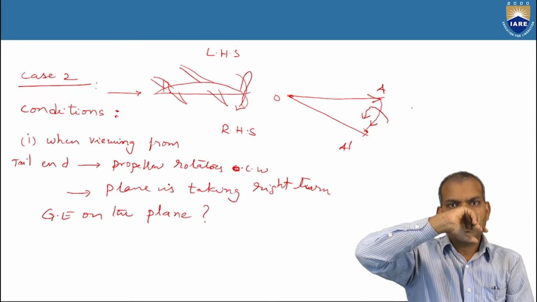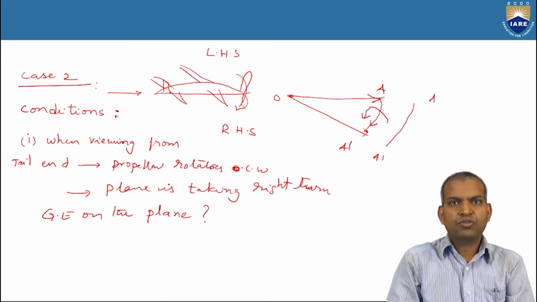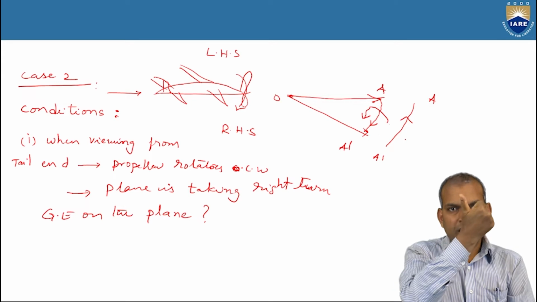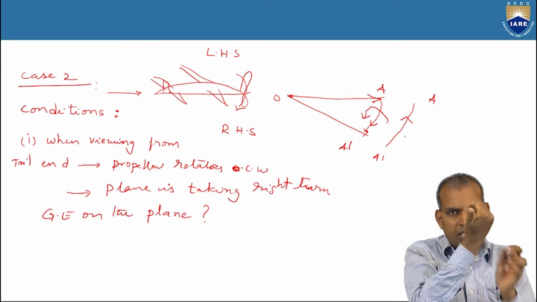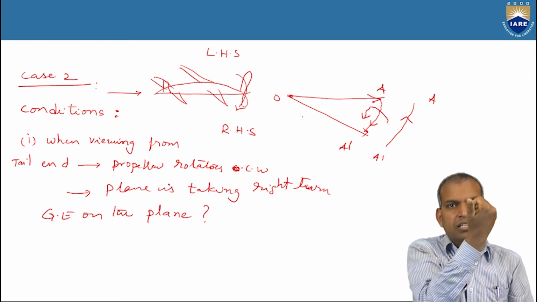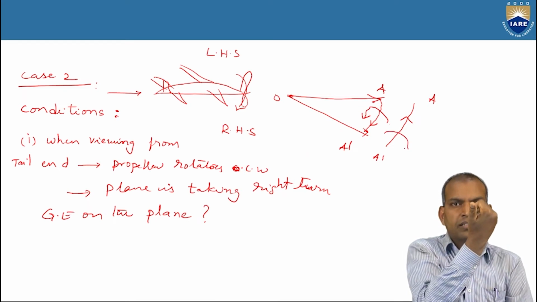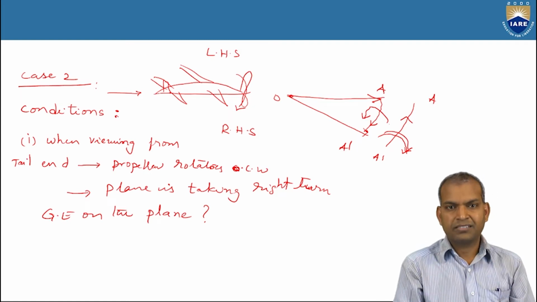And now what is the reaction? Make it a direction A dash to A vector. Then what happens? If you keep the thumb in the direction A dash to A, these folded fingers represent the reactive gyroscopic effect.